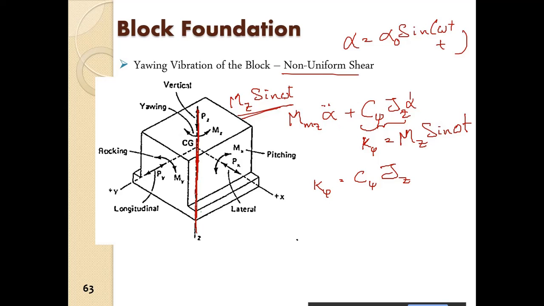Suppose this is the length and this is the breadth, then about this axis the polar moment of inertia J is equal to 1 by 12 m (b square plus L square).